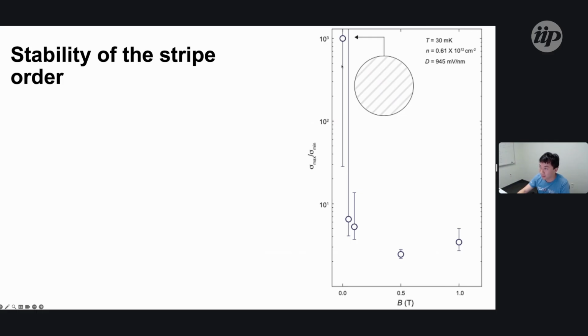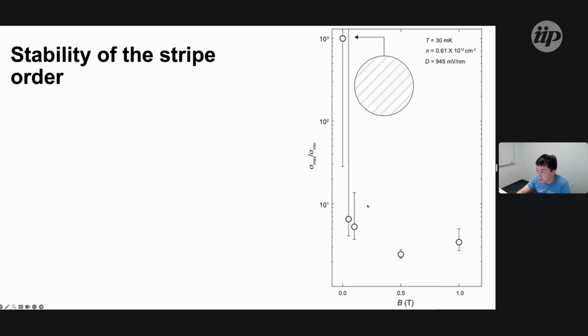The error bar is defined by how sharp the corner is. But by the time you get to 0.5 Tesla, the anisotropy ratio is suppressed by orders of magnitude. In this region, the error bar is actually very small, because once the anisotropy becomes weak, the transport measurement is very efficient in determining what the ratio is.